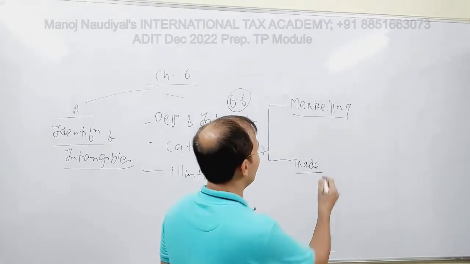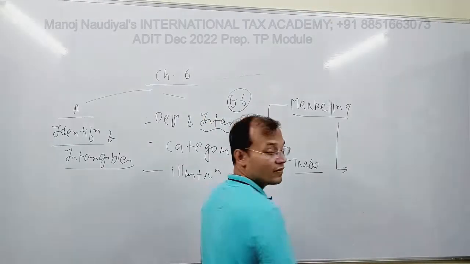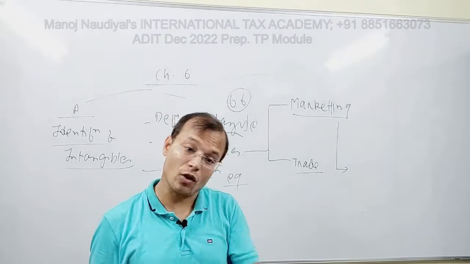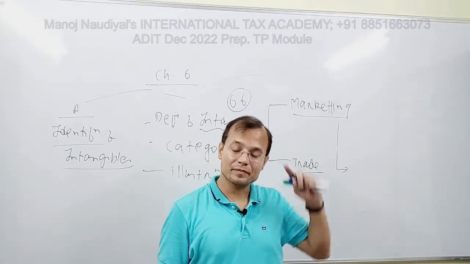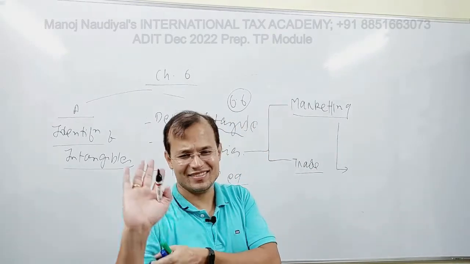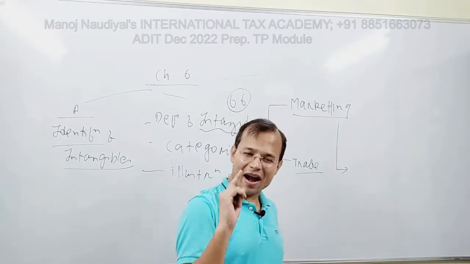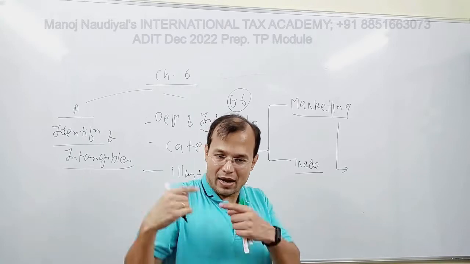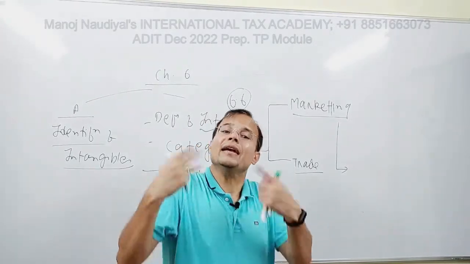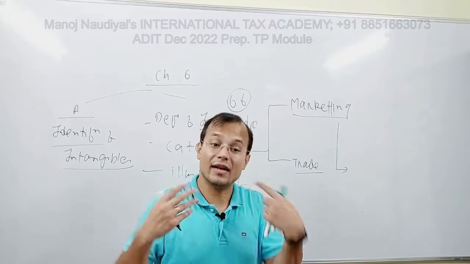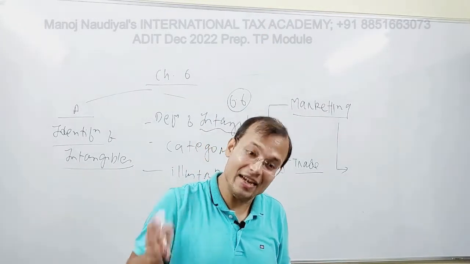Okay. Marketing intangibles. The definition is given in the glossary. I'll take you to that. But marketing intangibles, again, three ingredients. First of all, it's an intangible. Now we need to categorize. Which intangible? Marketing intangible.